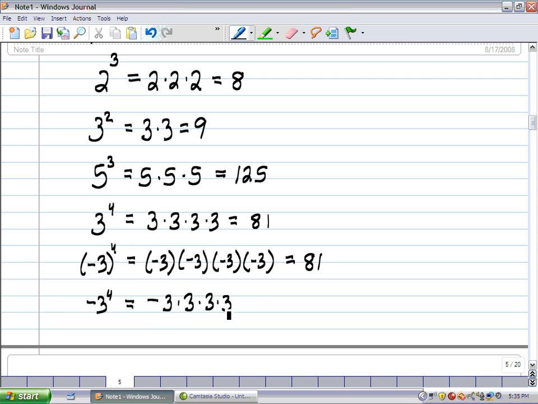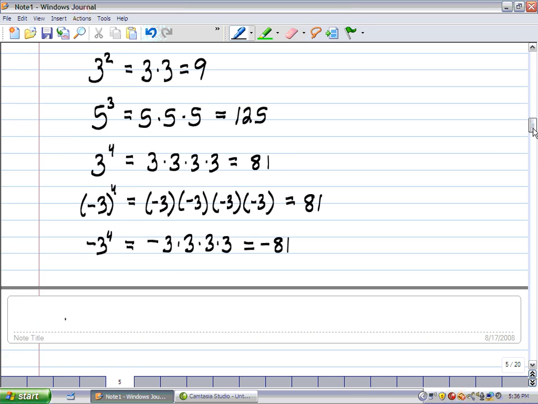So when I multiply this, I'm going to have negative 3 times 3 times 3 times 3. So that is going to be negative 81.